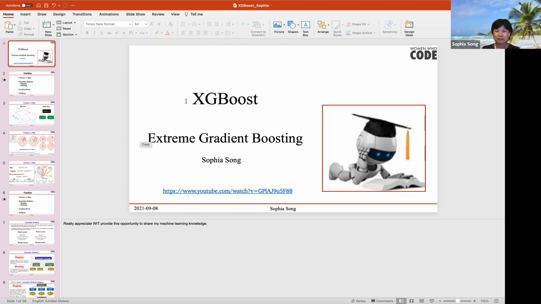And tonight, I would like to introduce XGBoost. After my previous talk at WWCode, like Jillian already introduced, I did a talk about decision tree and random forest. Tonight, I would like to introduce XGBoost.